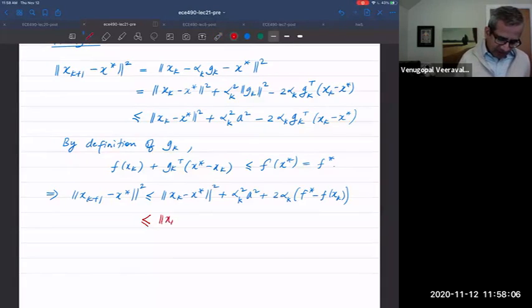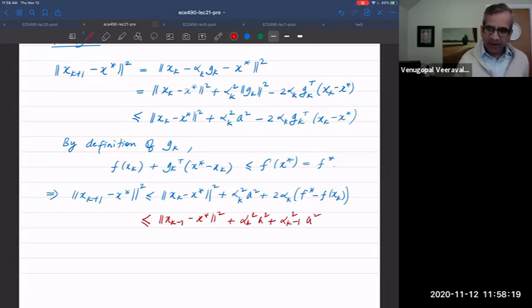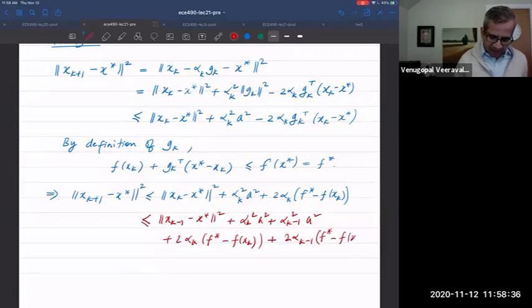This is the norm squared of x_{k-1} minus x star, plus alpha_k squared A squared, plus alpha_{k-1} squared A squared, plus 2 alpha_k times (f star minus f of x_k), plus 2 alpha_{k-1} times (f star minus f of x_{k-1}).